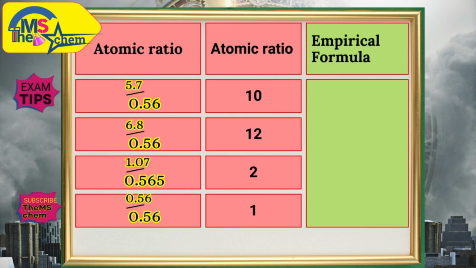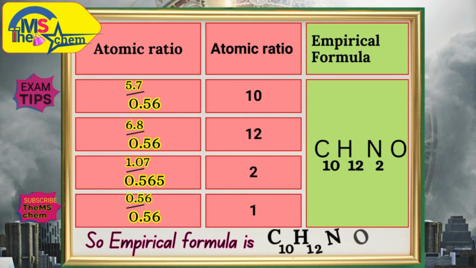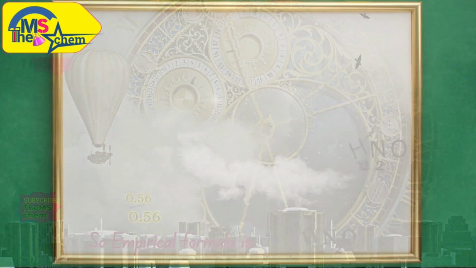For nitrogen, 1.07 over 0.56 comes out to be 2, and 0.56 over 0.56 for oxygen comes out to be 1. So we have carbon atoms 10, hydrogen 12, nitrogen 2 and oxygen 1. So the empirical formula is C10H12N2O.